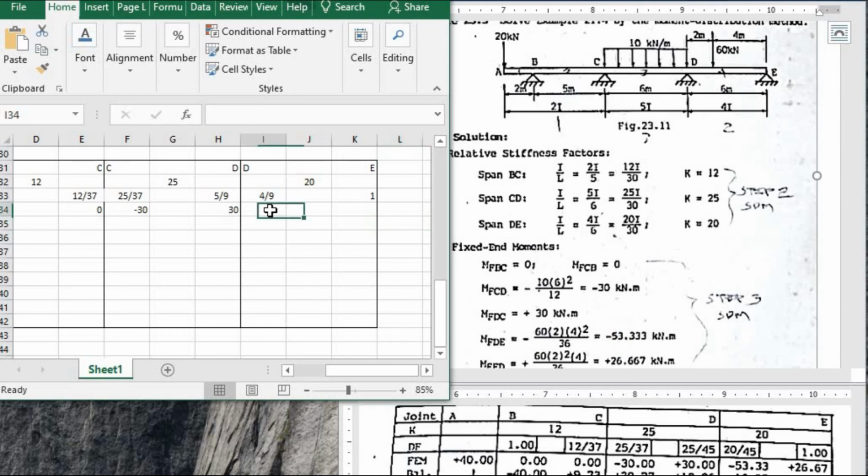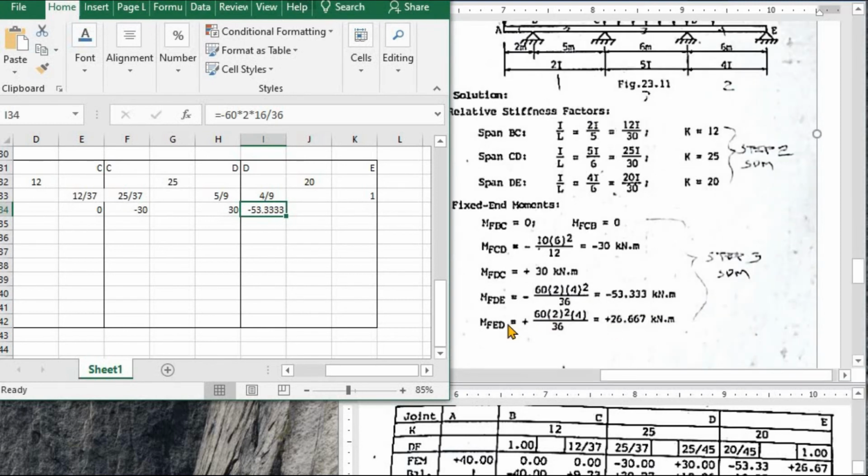So decimal place, so you type there equal 60 times 2 times 16 divided by 36 equal sign, enter. Then lagyan mo na lang ng negative dyan. Okay, so 53.33. Ito siya. Yan, negative 53.33.